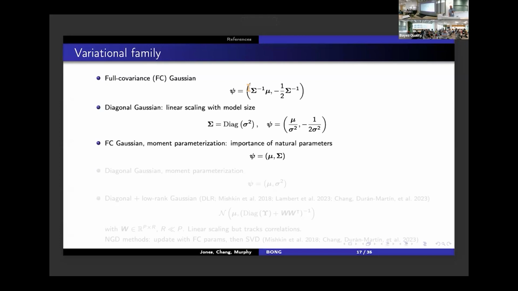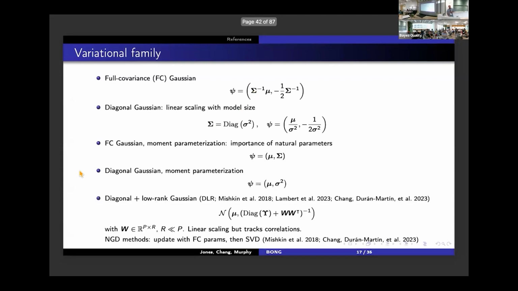As I said, we can also do moment parameterization. We can take psi to be mu and sigma instead of the natural parameters, and see if there really is a benefit of using the natural parameters. I can do that with the full covariance Gaussian or the diagonal Gaussian.